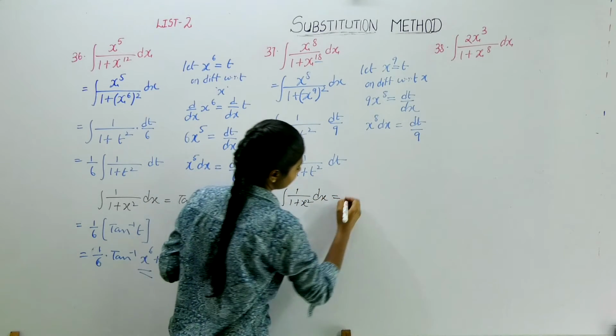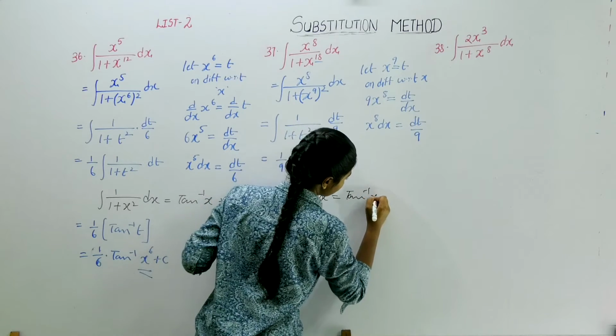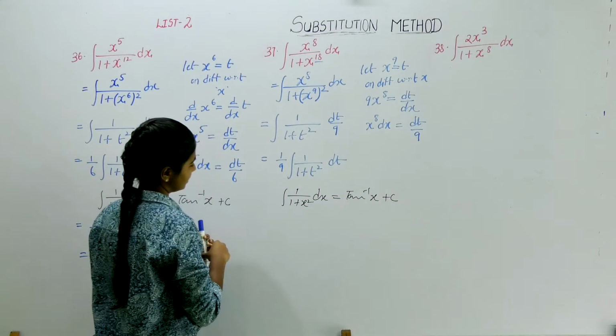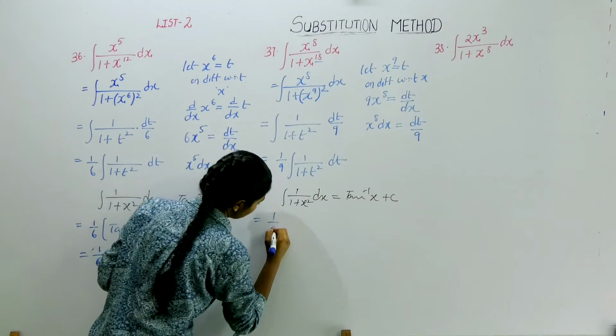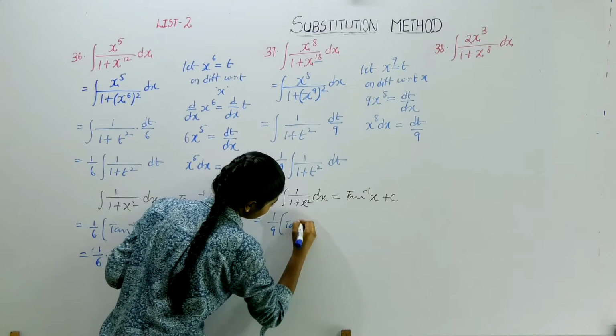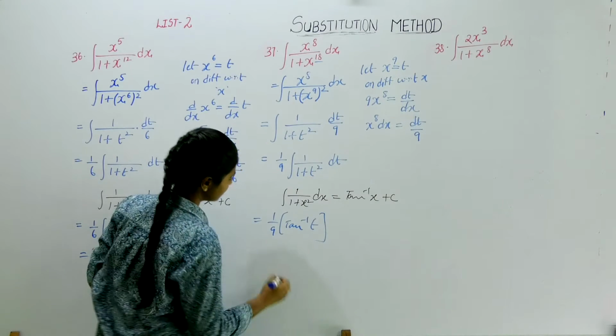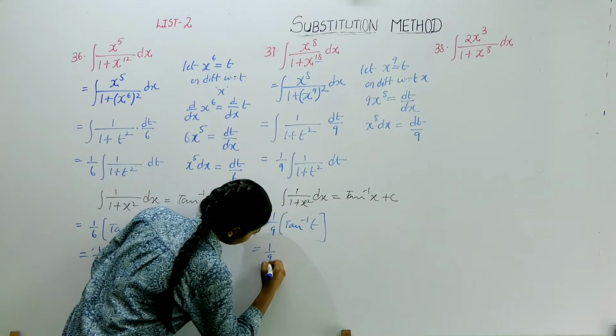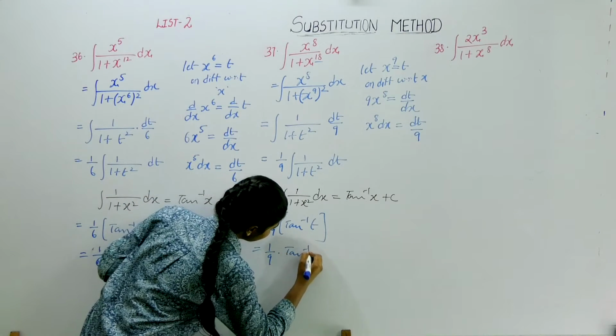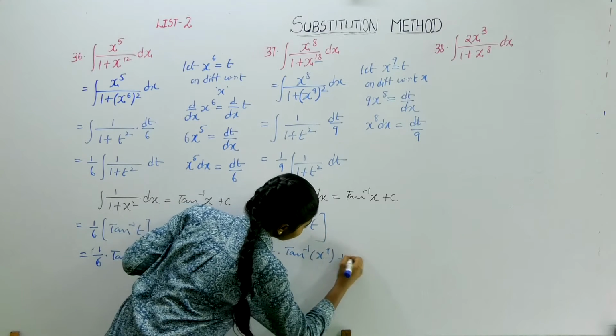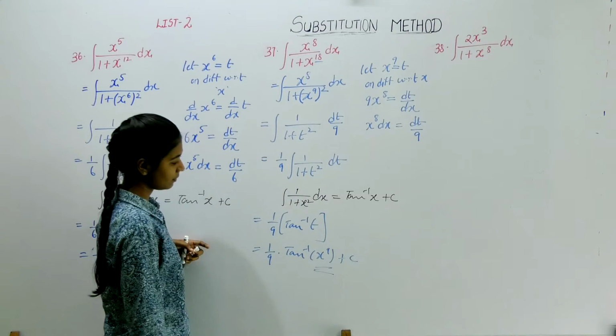Yes, the formula is right. It is equal to tan inverse of x plus c. When we substitute it, we get 1 by 9 into tan inverse of t. What is the value of t? It is x power 9. 1 by 9 into tan inverse of x power 9 plus c is the final answer.